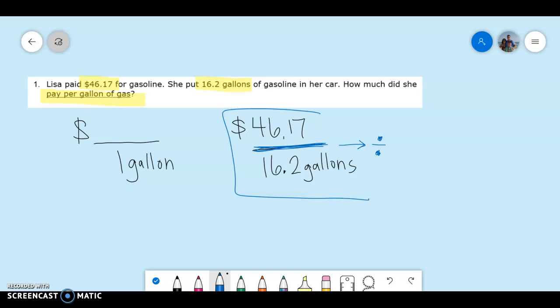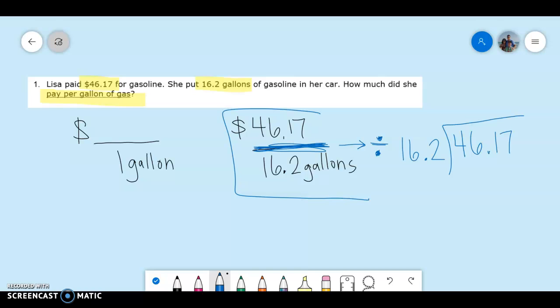So what I'm going to do is come right over here and say $46.17 divided by 16 2/10.